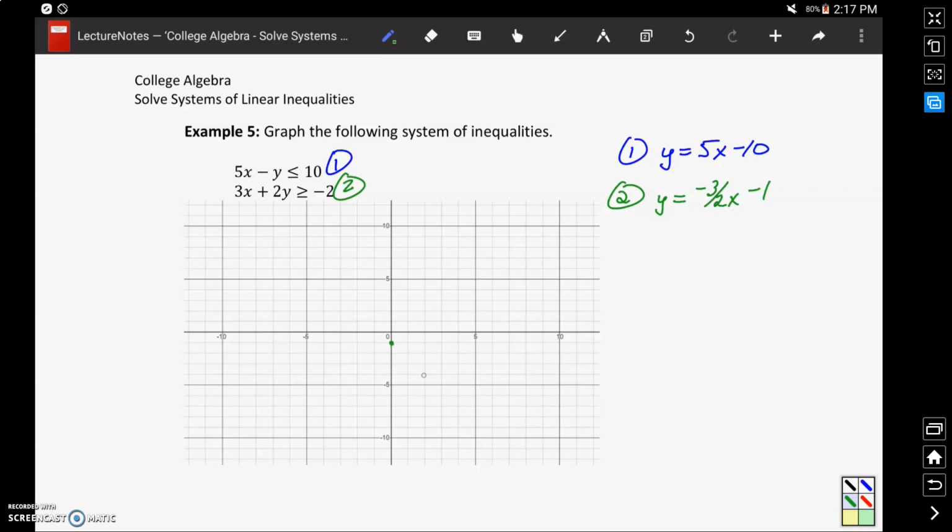So we go down 3 and over 2. For our first equation, we have an intercept at -10 and a slope of 5, so we would go up 5 and over 1.